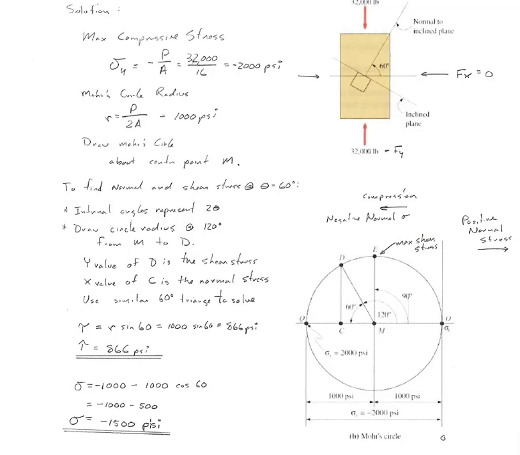And then what our sigma is going to be is, I'm going from 0 to M, which is negative 1,000, and then using this triangle right here, negative 1,000 cosine 60 is 500 psi, so negative 1,500 psi. So these are our shear stress at 60 degrees and our normal stress at 60 degrees.